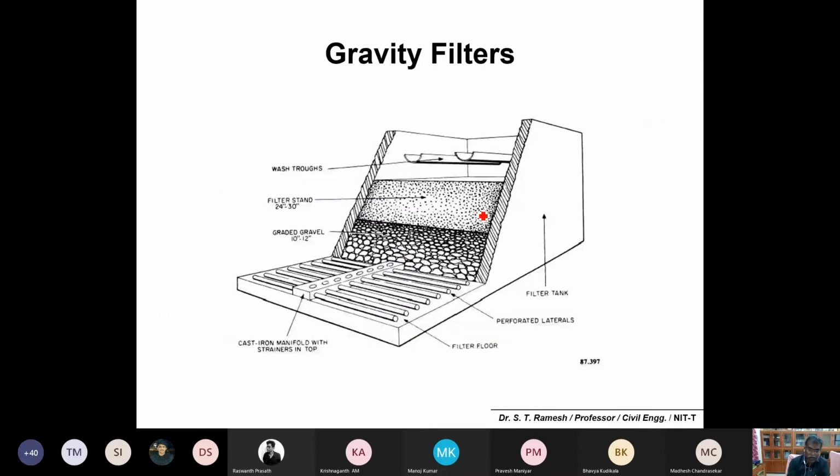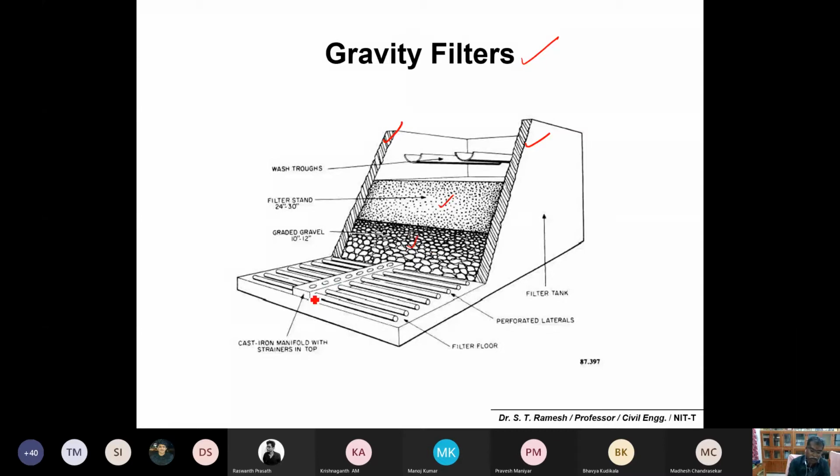Okay, so now you just see the configuration of how the filter will look. Anyway, this will come back later, but for your better understanding, I'm giving it well in advance. These are containment structures, either maybe RCC or brickwork, and you can retain the filter sand and also the gravel inside the containment.